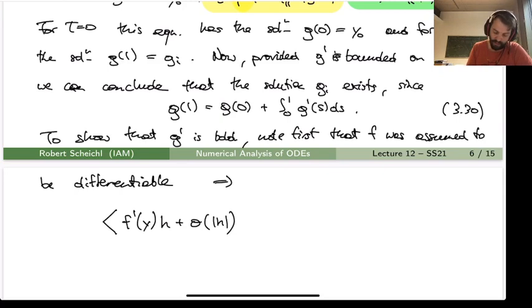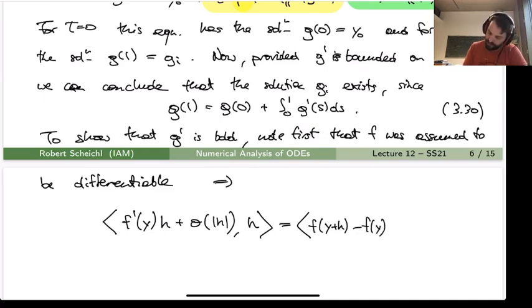This is all vector valued, remember, so we take the Euclidean inner product with h, which equals f of y plus h minus f of y, inner product with h, and now this is exactly what we have in our left-sided Lipschitz condition. So this is less than or equal to nu times the Euclidean norm of h squared.